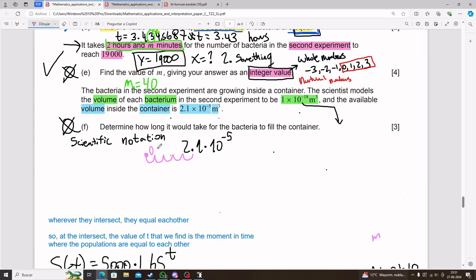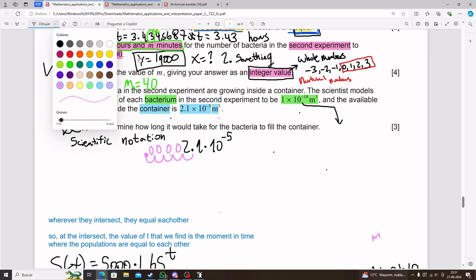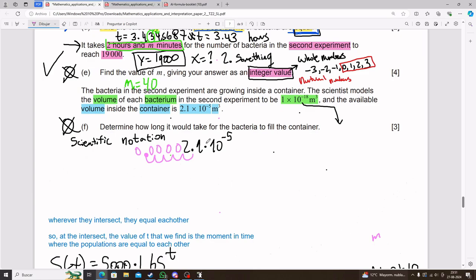That means you end up with 1, 2 zeros, 3 zeros, and 4 zeros. Got it? Well, technically the initial 0 point something. See? So from here, what you end up with is actually that 2.1 times 10 to the power of negative 5 has to equal 0.000021. Okay, that's the first thing we're going to talk about.